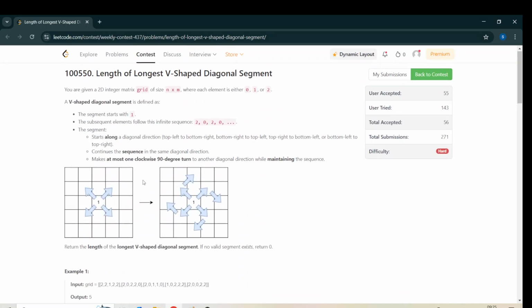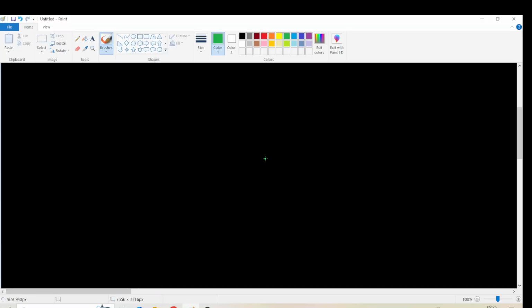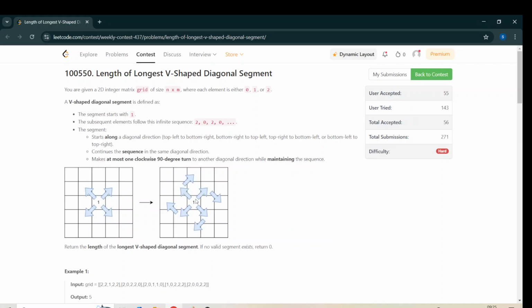Now one important thing about the 90-degree turn: I thought it would mean that we can turn in any direction, but that is not a 90-degree turn. According to the problem statement, there are only some combinations we can take. If we are going in this direction, then we can move to that direction. That is what we have to keep in mind.